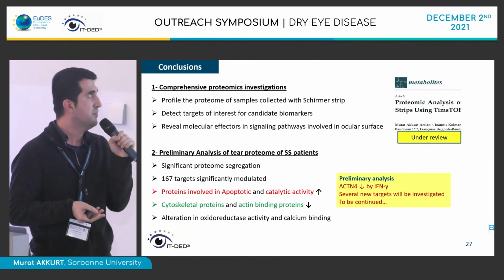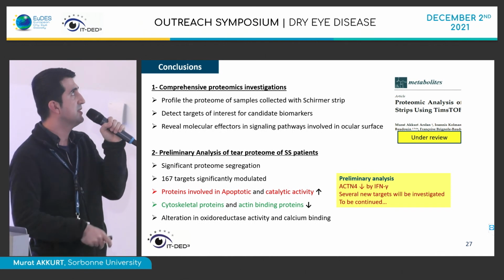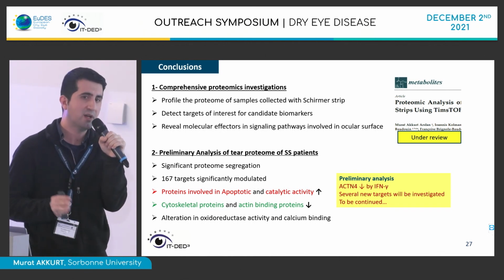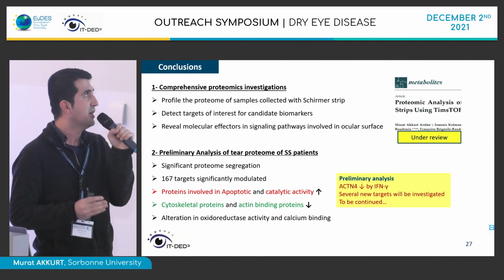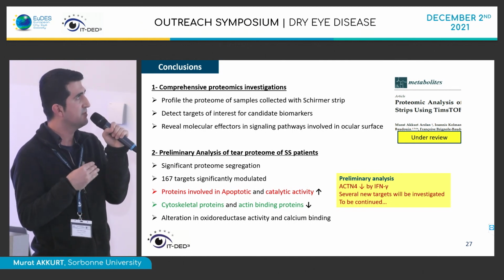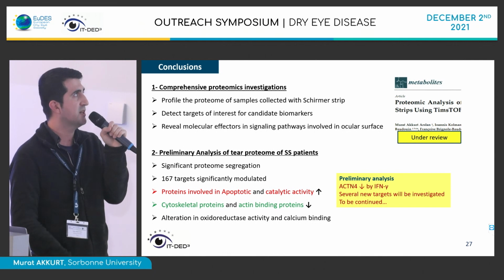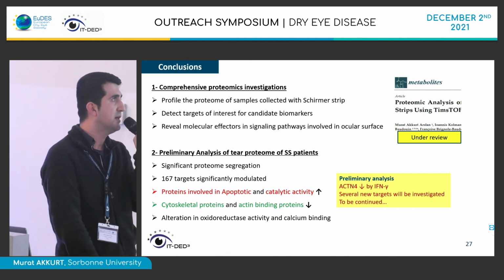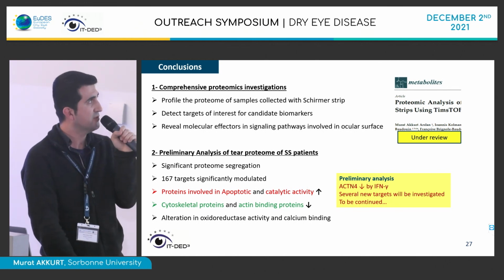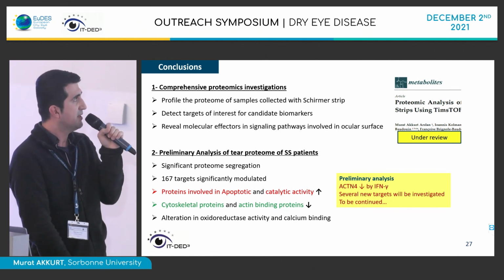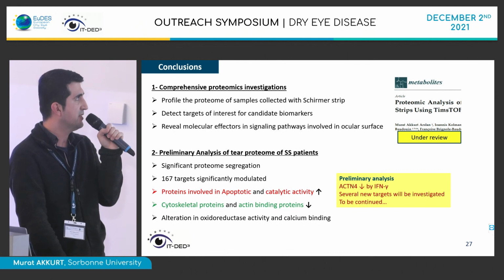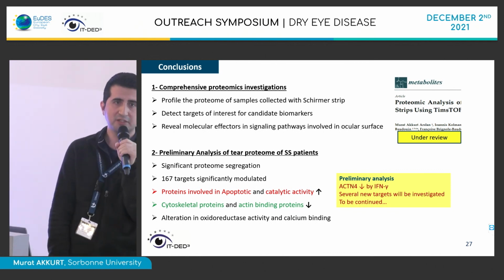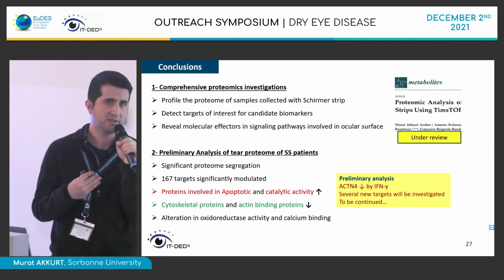So to sum up, comprehensive proteomic investigation helped us to profile a proteome of both healthy and dry eye patients and make a comparison. And as in my first study, we could reveal molecular effectors involved in signaling pathways in health and homeostasis of the ocular surface. And my preliminary analysis with Sjogren patients showed that we have a significant proteome segregation between healthy and dry eye patients.